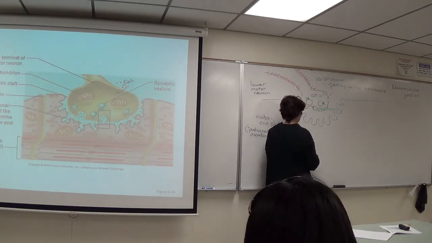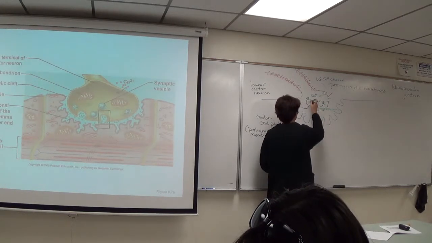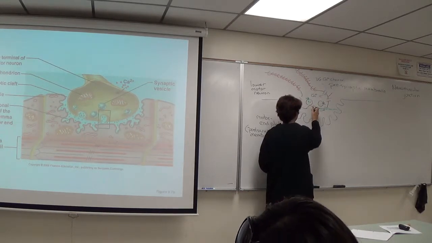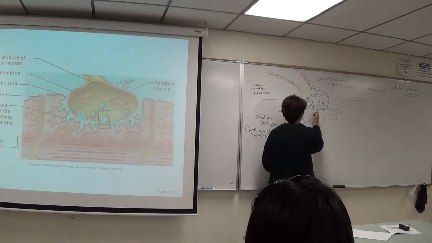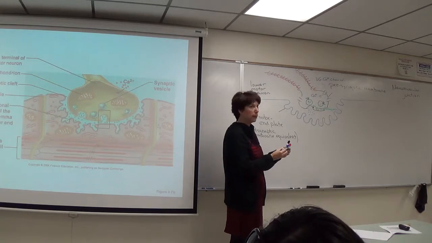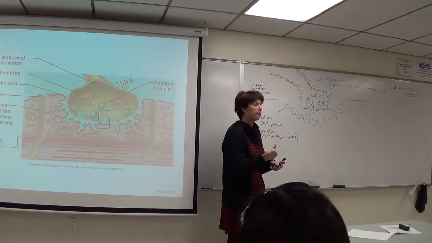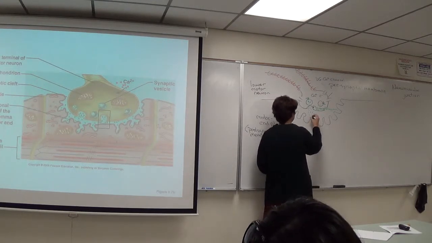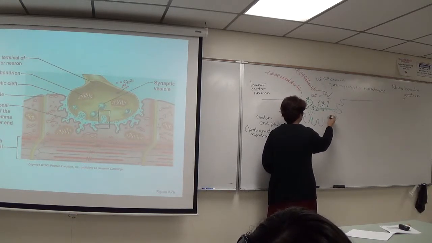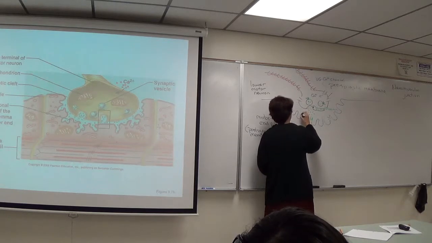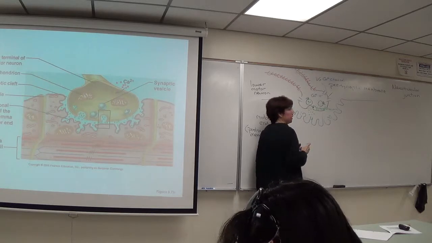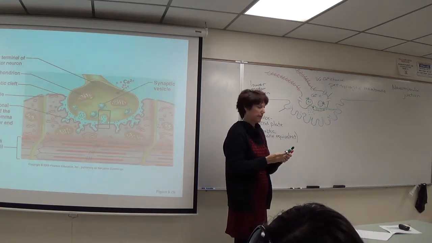So what are the neurotransmitters? Acetylcholine. So acetylcholine is released. What kind of channels is it going to bind to in our motor end plate? Ligand gated or voltage gated? Ligand gated. And you're right, they are nicotinic acetylcholine receptors.